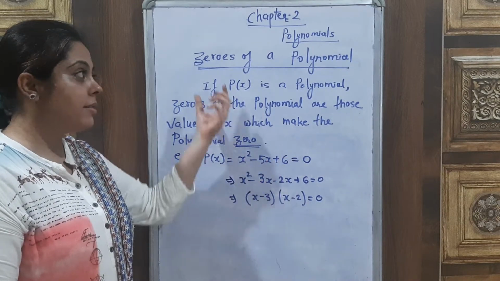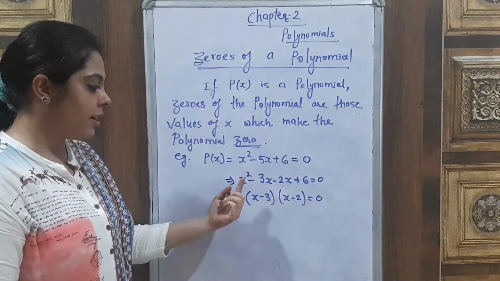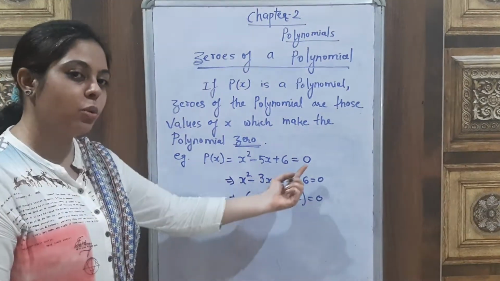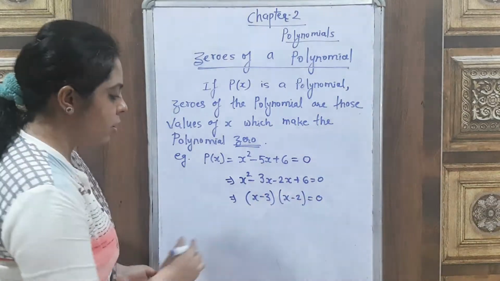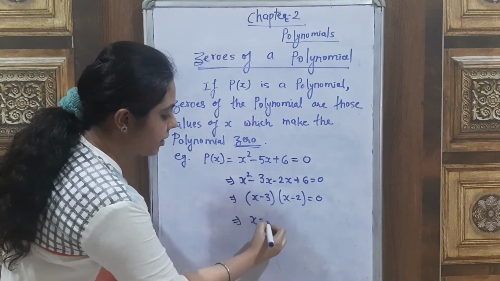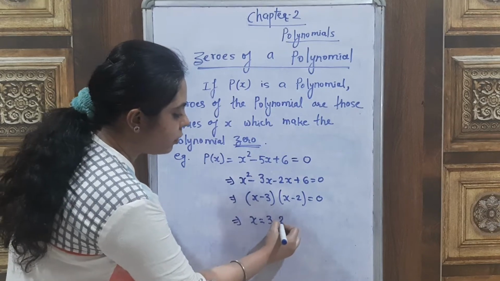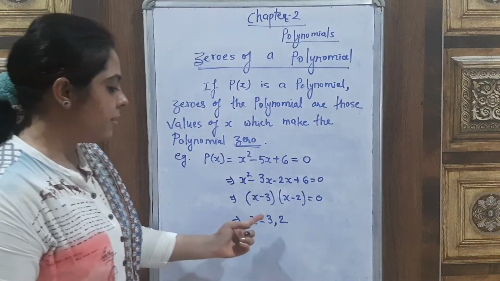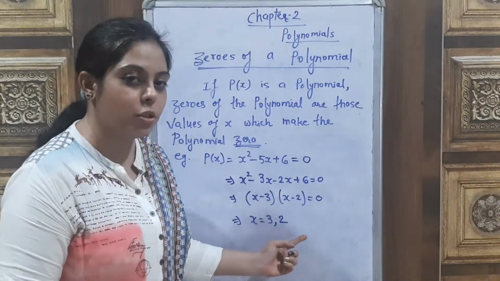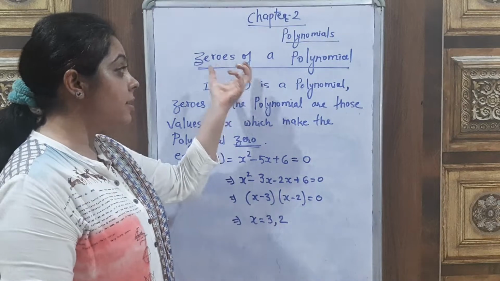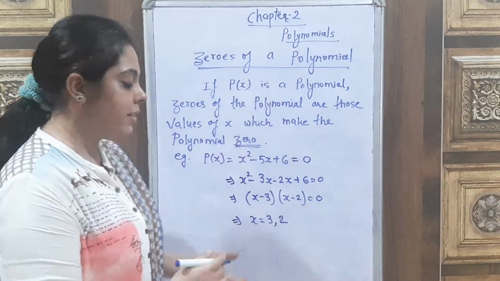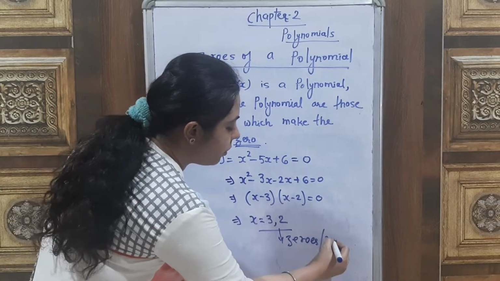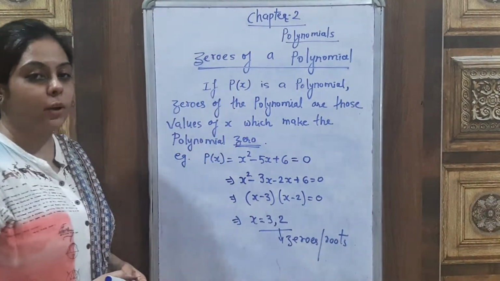And to get the zeros of the polynomial, either x - 3 will be equal to 0 or x - 2 will be equal to 0. It means that value of x is equal to 3 or 2. So here we have two values of x, that is 3 and 2, and these two values are zeros of the polynomial, and these zeros are also known as roots of the polynomial.